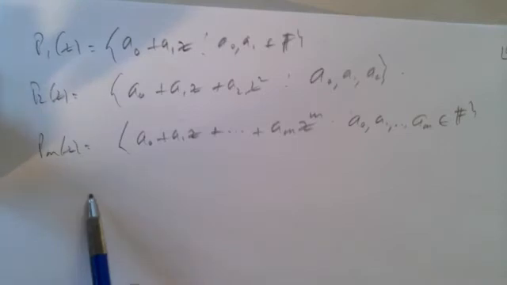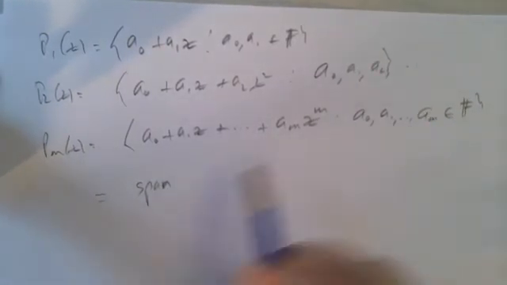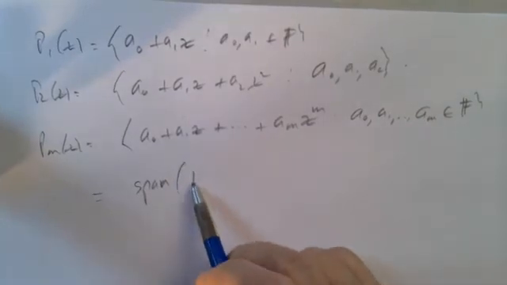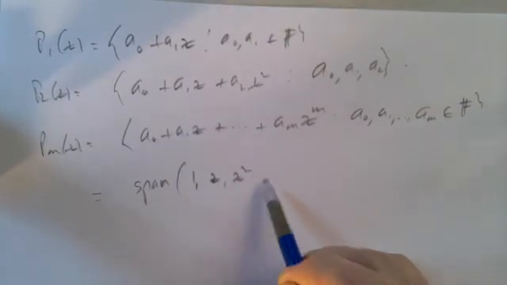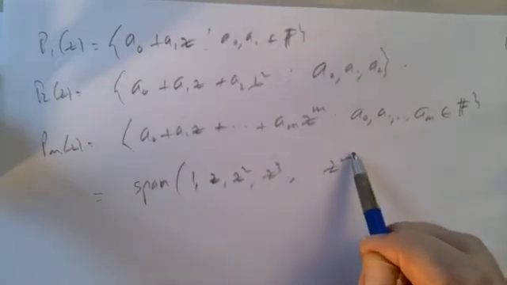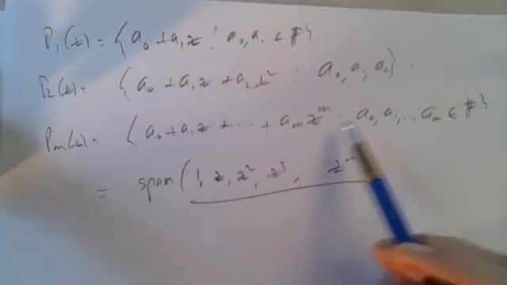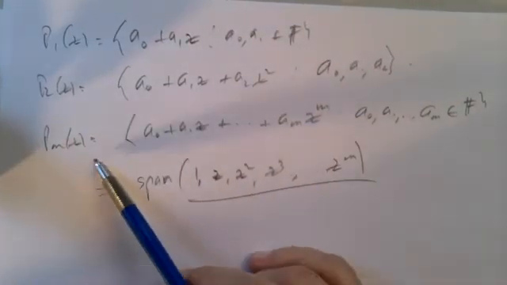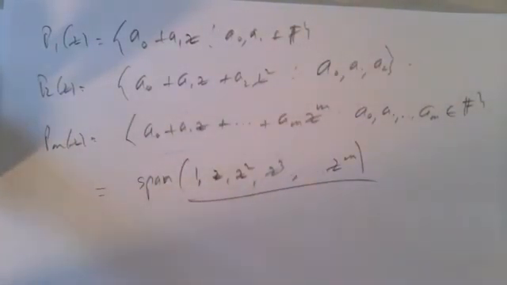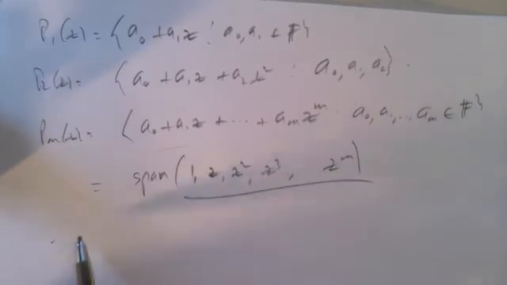And this is in fact the span of a finite set of polynomials. If I take the polynomials 1, z, z squared, z cubed, all the powers of z up to z to the m, the set of all linear combinations of these is the set of all polynomials of degree at most m. So for any m, this is a finite dimensional vector space because it's spanned by a finite set of vectors.